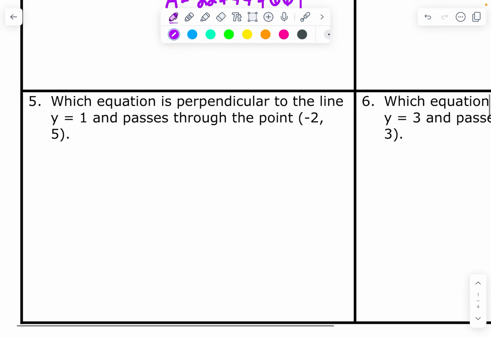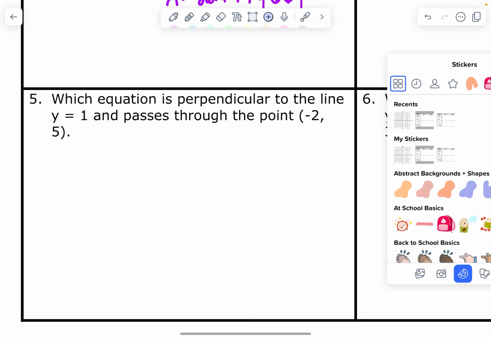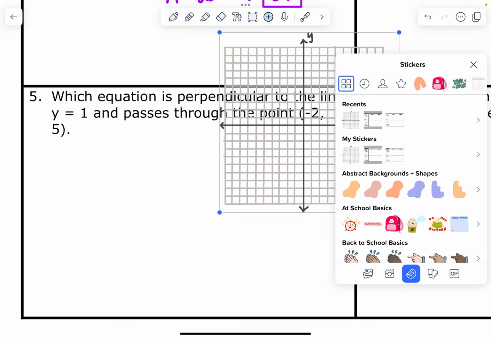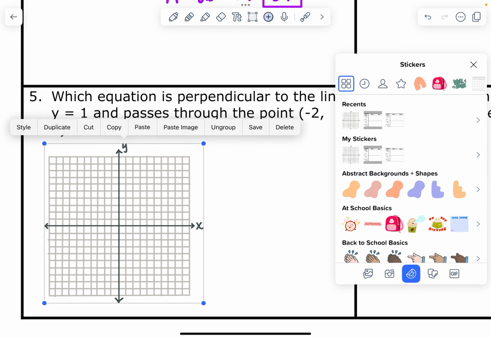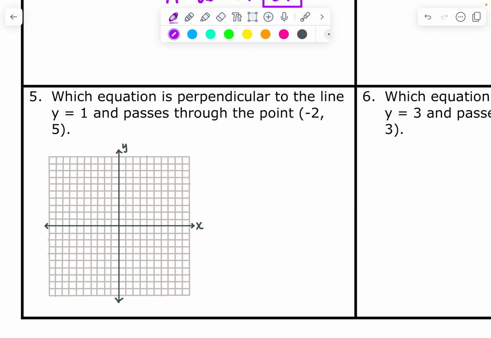All right, number 5. Which equation is perpendicular to the line y equals 1? I'm doing this so you can see it. So y equals 1. Find the y-axis, find 1, draw a line through it.